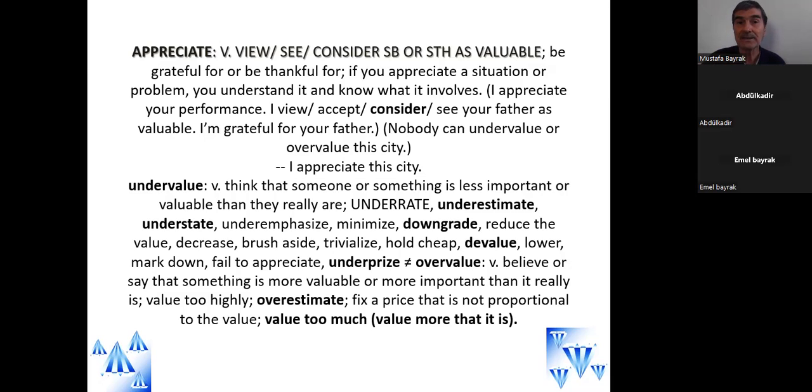So we can describe Thanksgiving Day as valuing or knowing the value of all the blessings around us, in our physical world, in our psychological world, spiritual world. Okay, knowing the value of them. Yes, appreciate here means knowing the value of them and considering them as valuable.